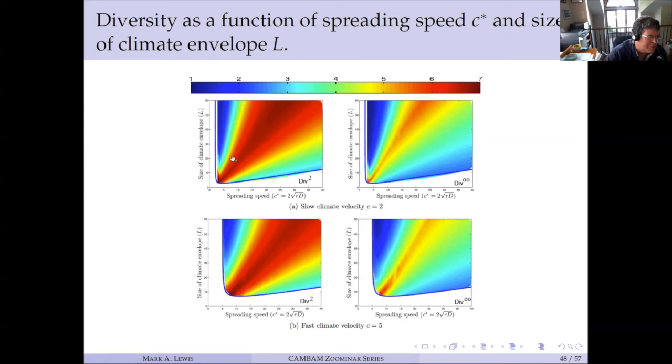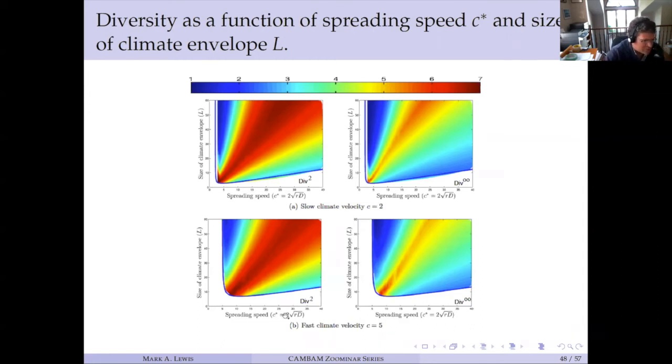And then if we're in this region that does persist, the color shows the diversity, the asymptotic diversity. We see a red ridge here of high diversity, and then as the colors get cooler, the diversity is decreasing. We can compare the first row with the second row.